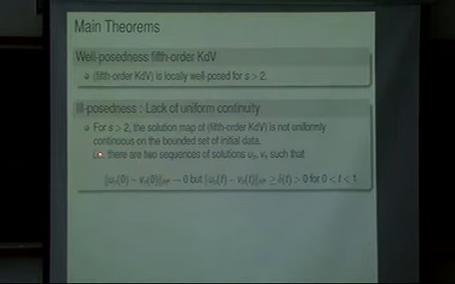So we can find two sequences of solutions. Initially at time 0, they are getting closer, but at some positive time, for arbitrarily small positive time, they keep a constant difference. Okay, so initially they are getting closer, but if the time is positive, then they have a constant distance.